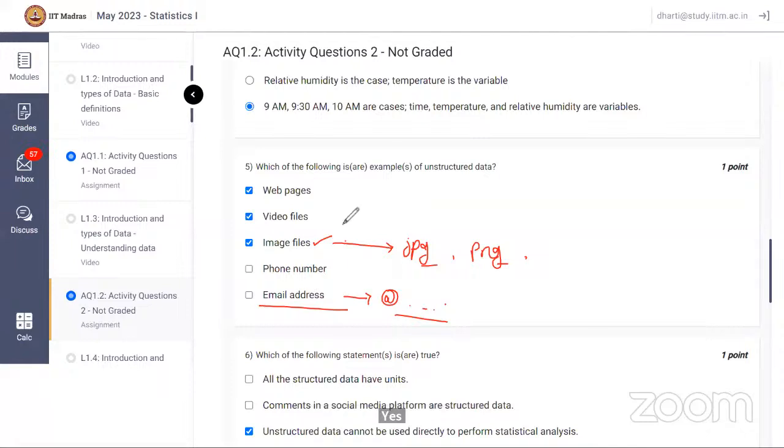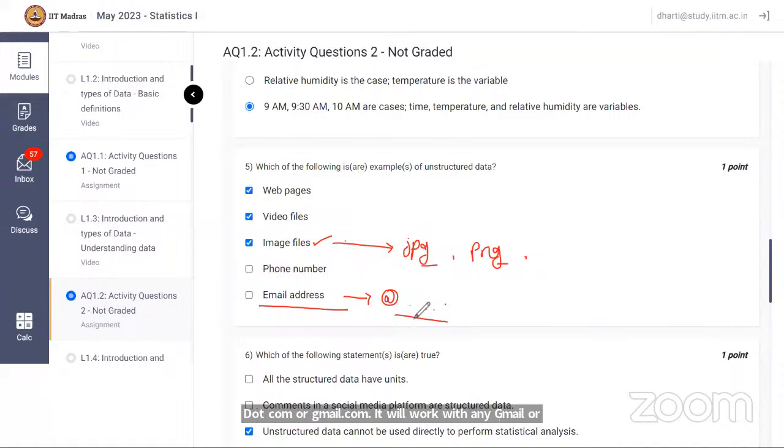But I will say, for the email address, when we say image files, that means files are something that have various types of formats. They open with some specific software sometimes. But for the email address, the thing is not like that. Whatever your domain name is, yahoo.com or gmail.com, it will work with any Gmail or Yahoo, right?